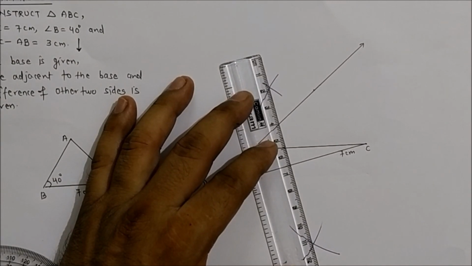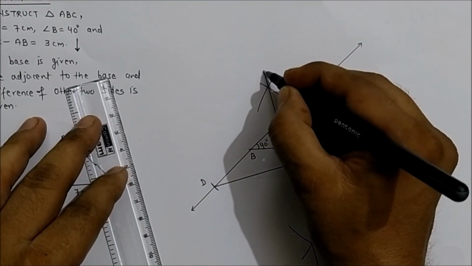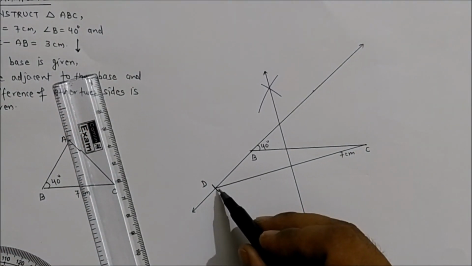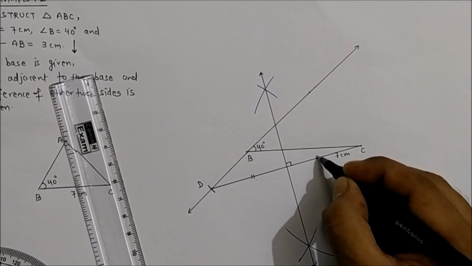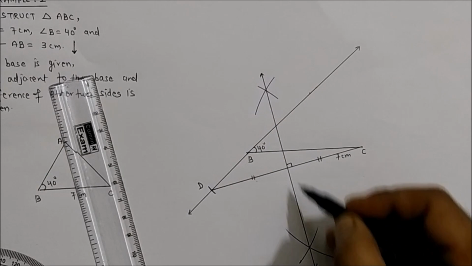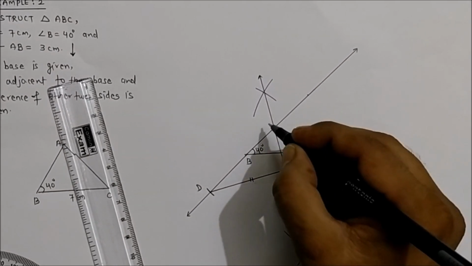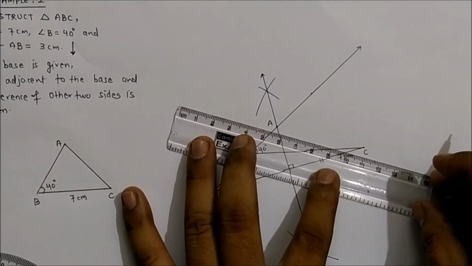Join this. Okay, so you have drawn the perpendicular bisector of DC. Make the 90 degree symbol here, and where this perpendicular bisector intersects this ray, name this point as point A, and draw segment A to C.